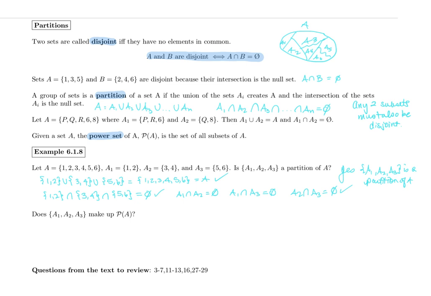Now, our second part of this question asks, does {A1, A2, A3} make up the full power set of A?